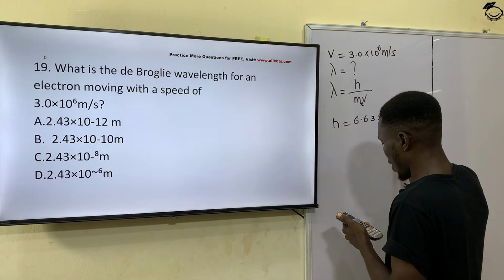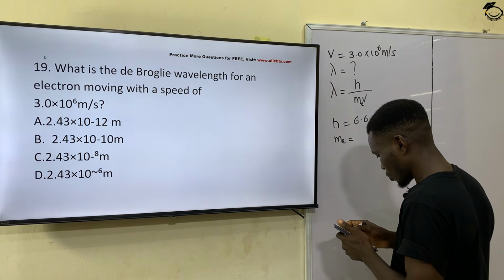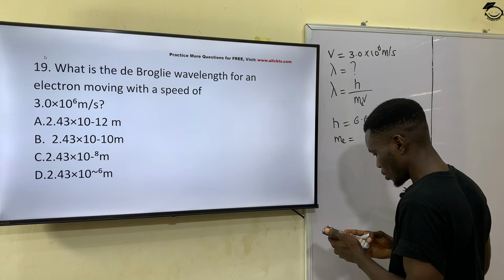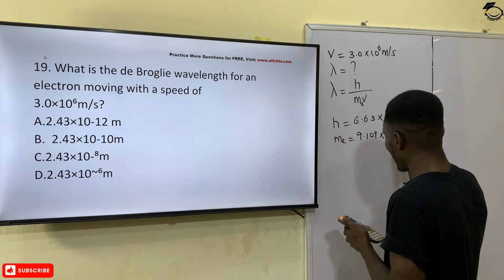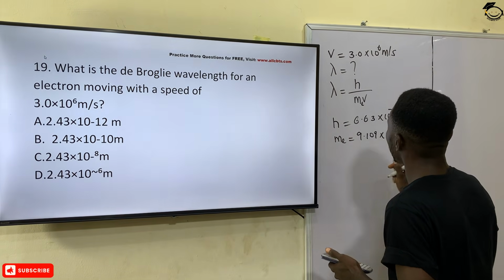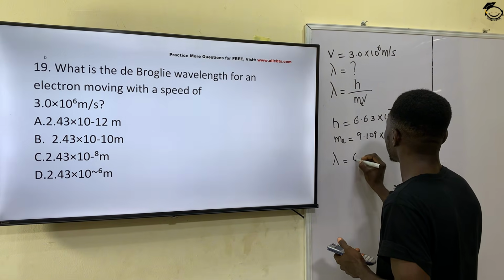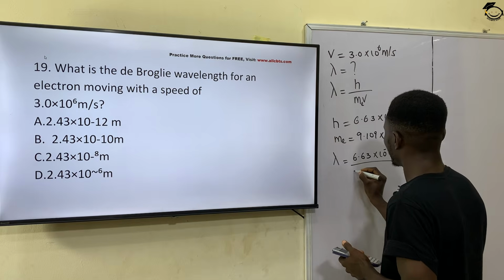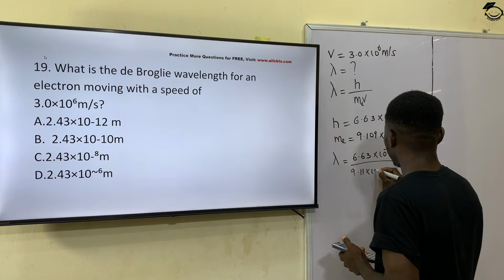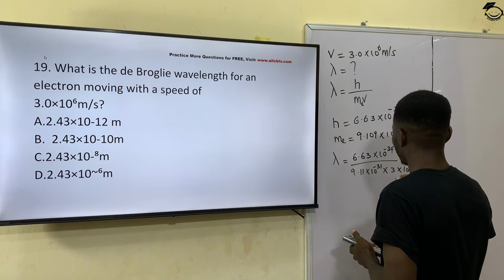So our h is a constant with a value of 6.63 times 10 raised to the power minus 34, and our m is also a constant, 9.109 times 10 raised to the power minus 31. If I input my values, lambda, the de Broglie's wavelength, will be equal to 6.63 times 10 raised to the power minus 34 divided by 9.11 times 10 raised to the power minus 31 times the velocity, which is 3.0 times 10 raised to the power 6.